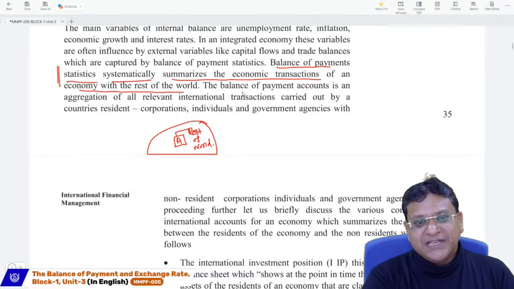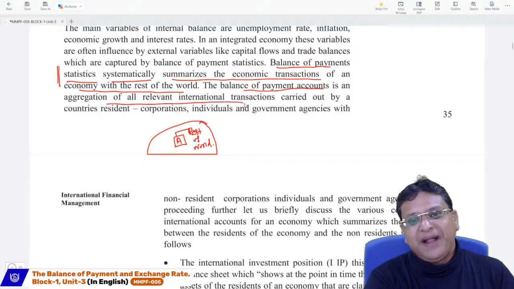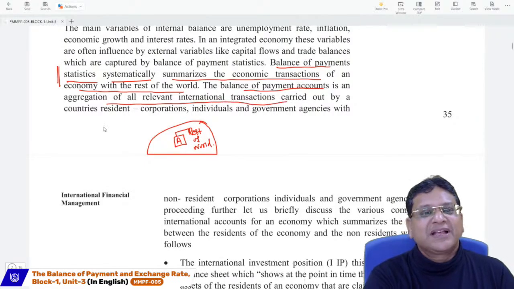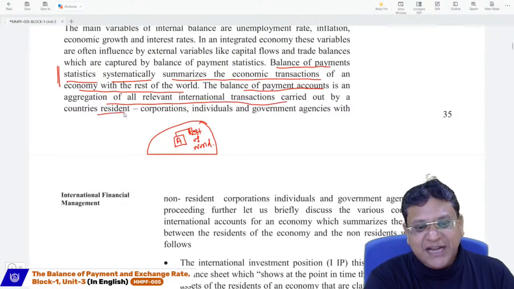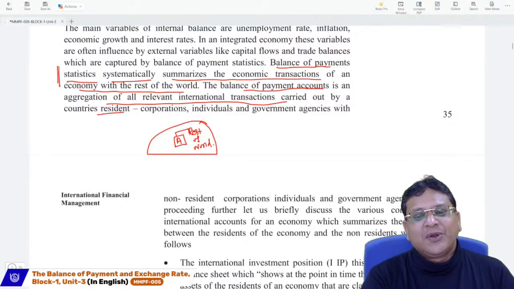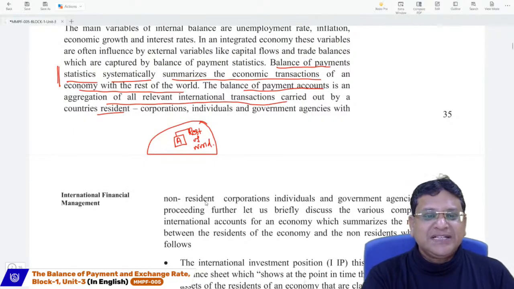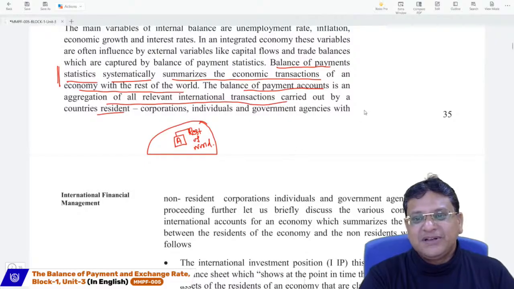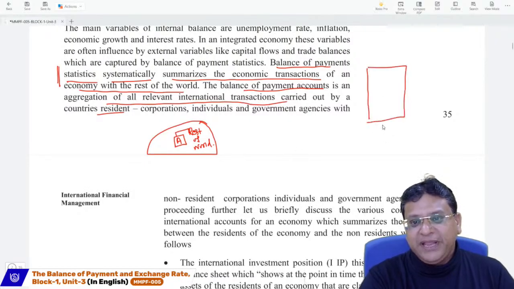So BOP is an account aggregation of all relevant international transactions carried out by residents of a country with non-residents. So who is the resident of a country? Now let's take an example. A is a country. Who are the residents of country A?